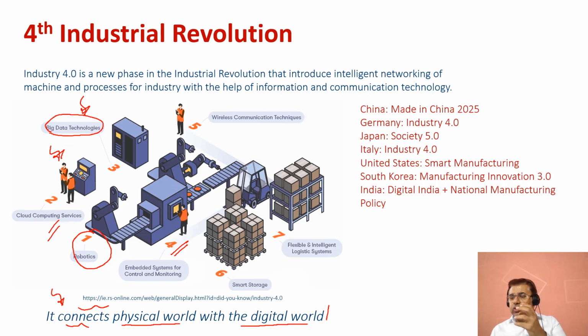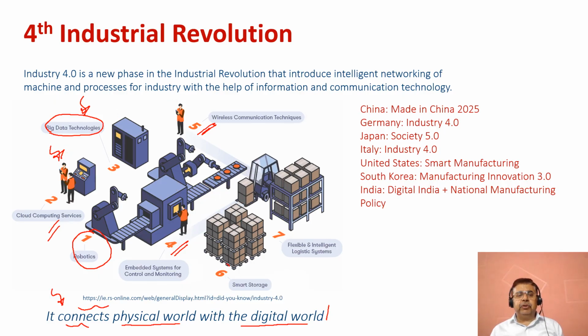These are small computers inside machines that help control their action and monitor performance in real time. Moving further, at number 5 we have wireless communication. We are talking about a connected world, so here machines and workers communicate using wireless signals, making the system more connected, and we have more flexibility there.